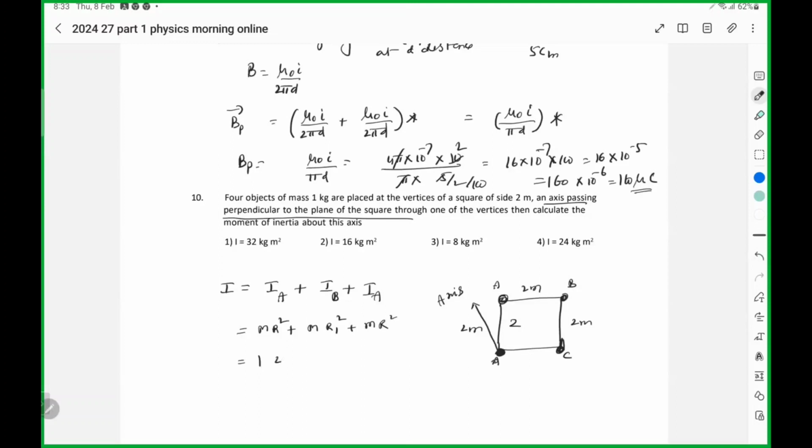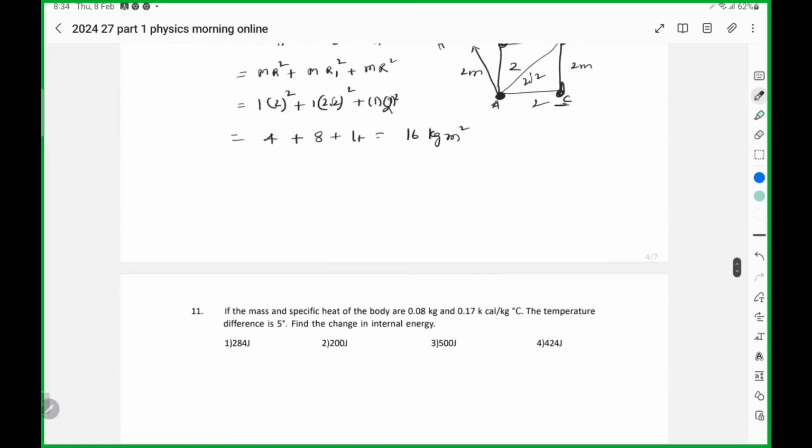R is this, 2 square. Again due to this, 1 into 2 square. This is 2, the diagonal will be 2 root 2. 4 plus 8 plus 4, 16 kg meter squared.